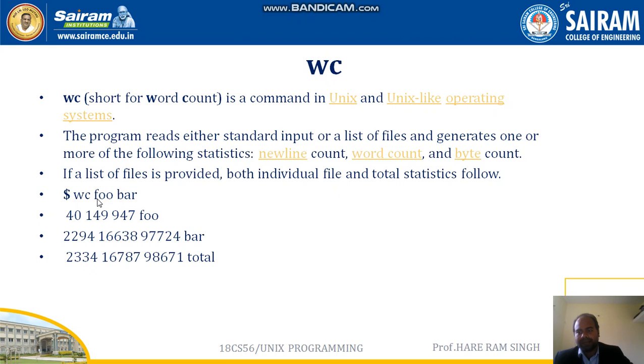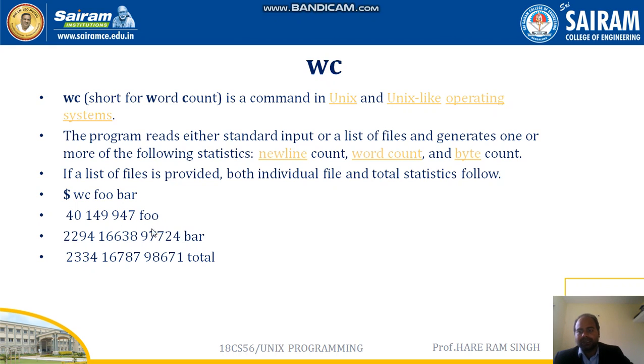Now suppose we have two files, foo and bar. We want to see the number of lines, words, and bytes present in both files individually and in total. So we can use the command wc foo bar. Here, foo has 40 lines, 149 words, and 947 bytes, with the file name foo.